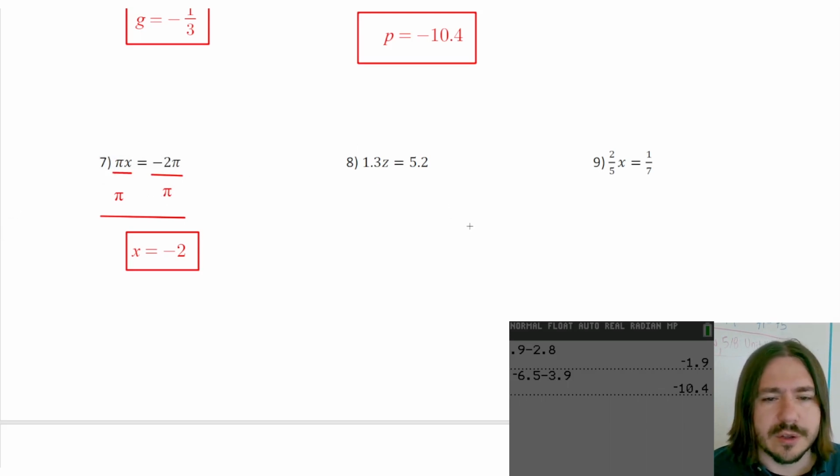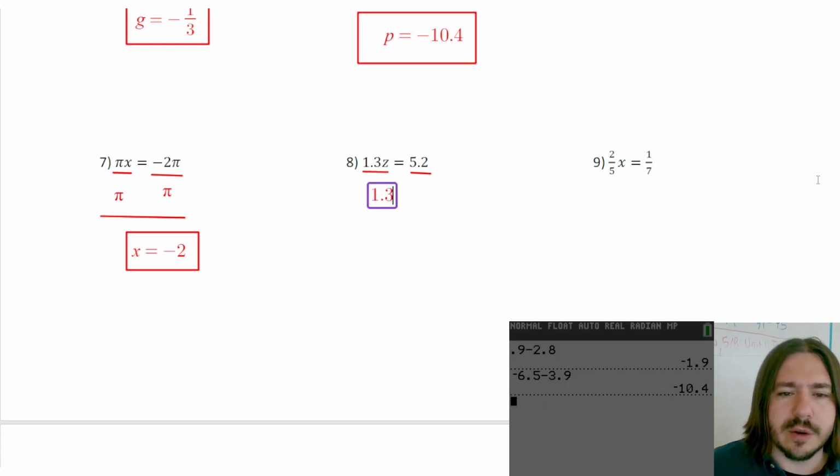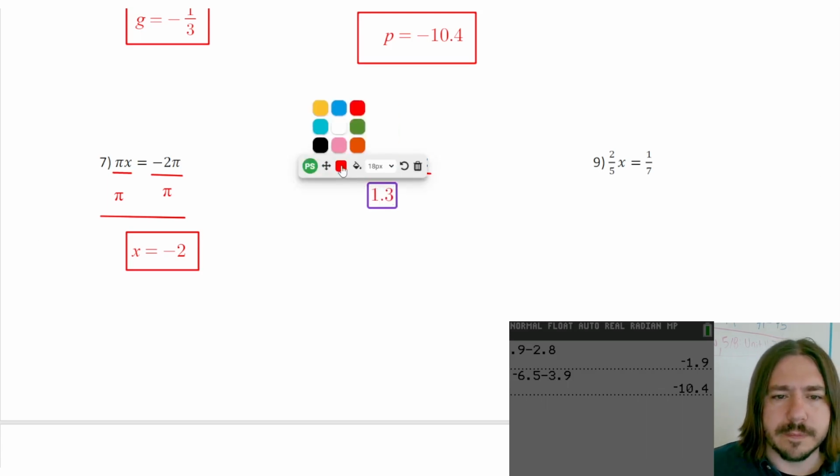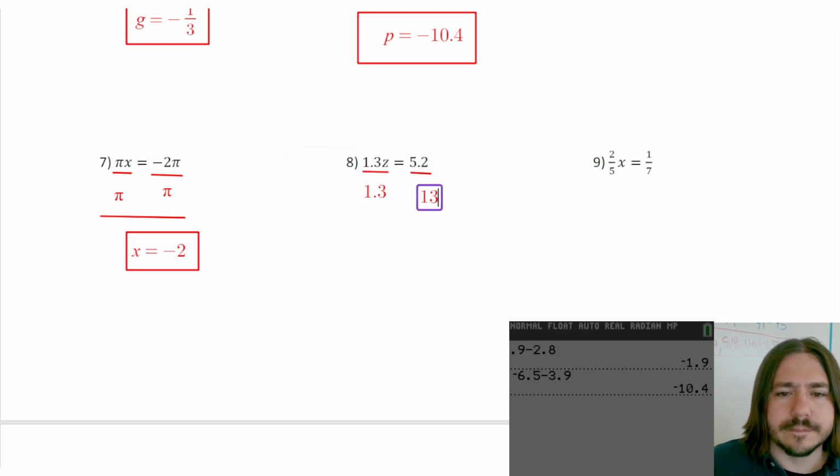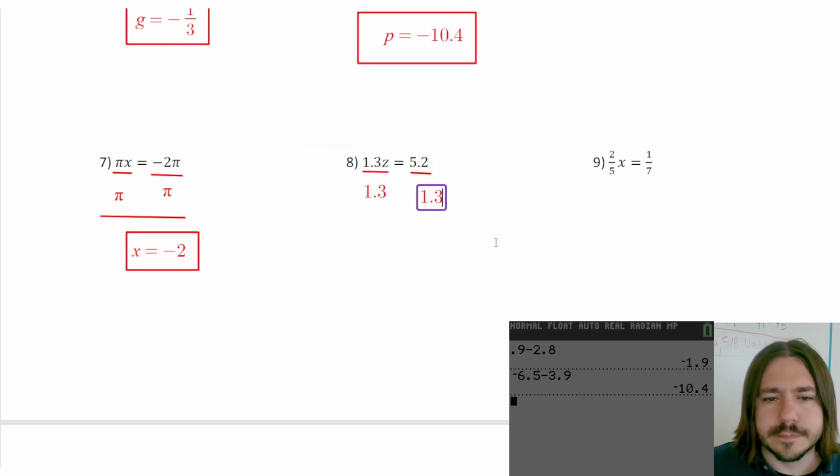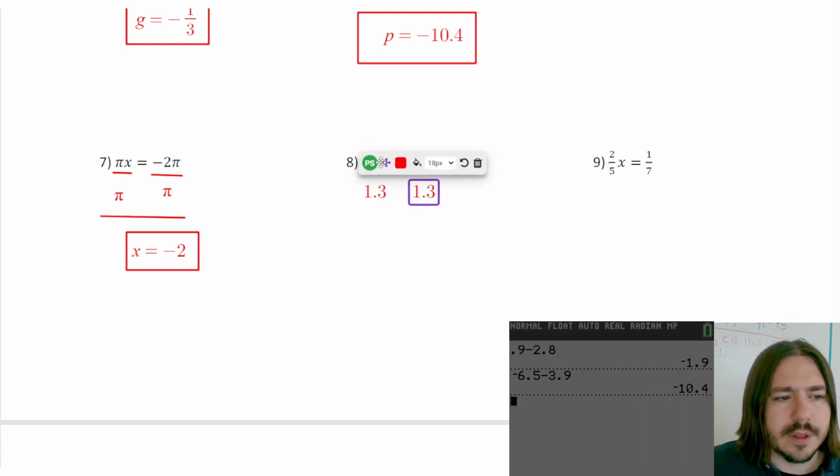Number 8. We need to divide both sides by 1.3. So I'm going to show this little fraction bar showing the division. So we're going to divide both sides by 1.3. Let's see, does 13 go into 15?